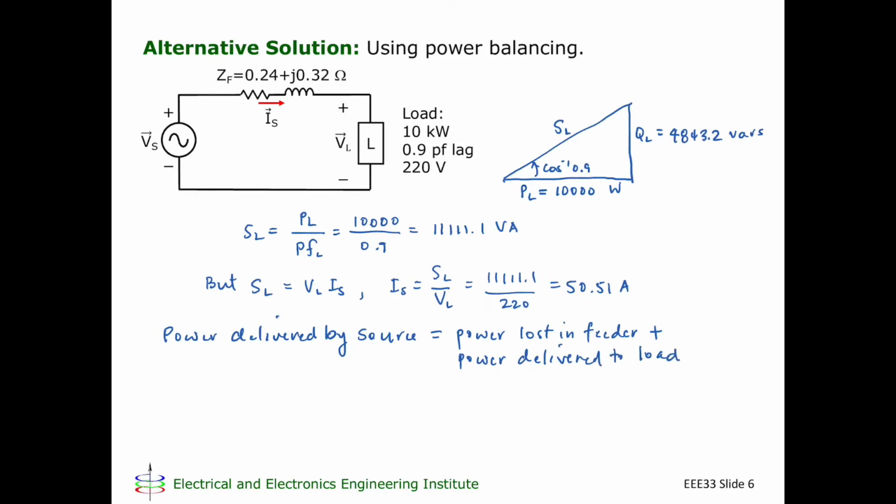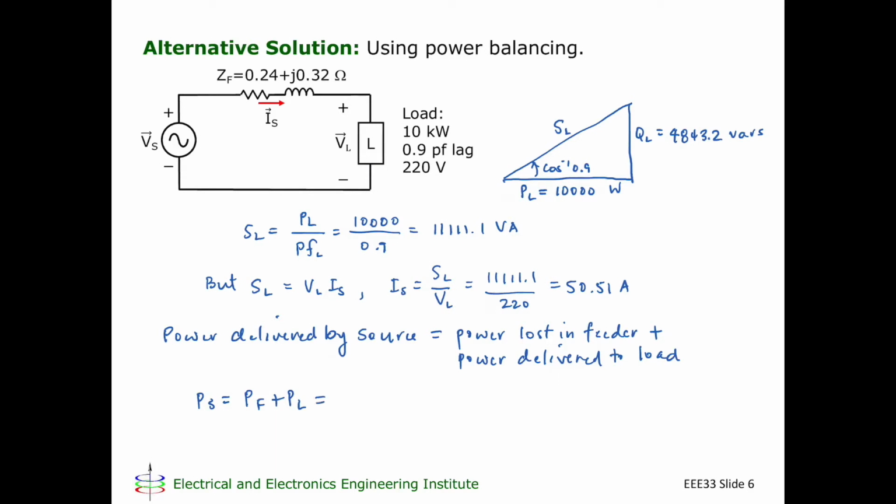This is the law of conservation of power. Whatever power is delivered by the source, part of it is lost here. The remainder will be delivered to the load. So P of S is equal to P of F plus P of L.